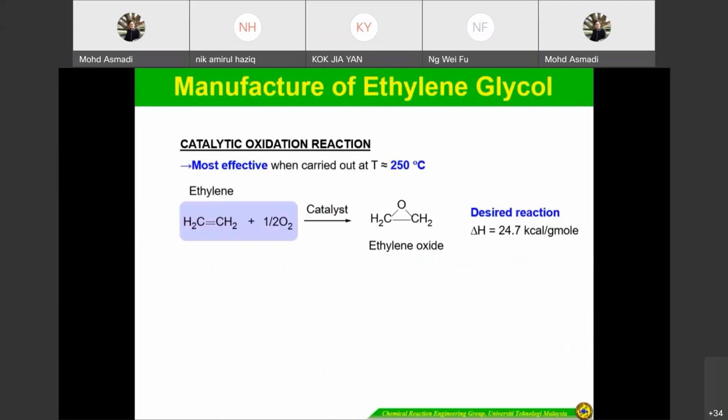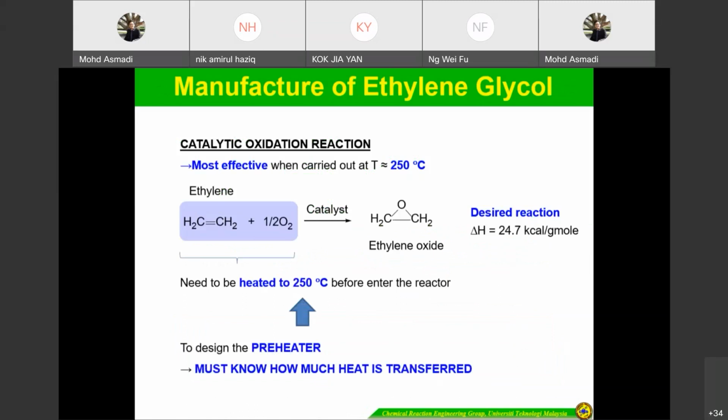For this example, if you want to manufacture ethylene glycol, it is most effective up to 150. So you need to design the preheater before the feed enters the reactor. So we need the knowledge of thermodynamics.